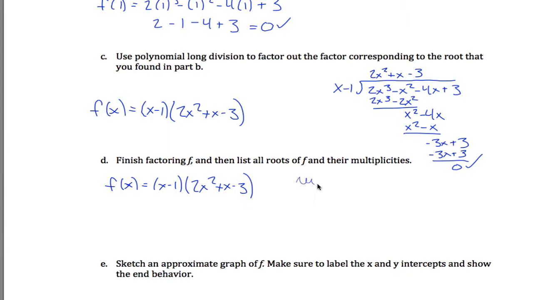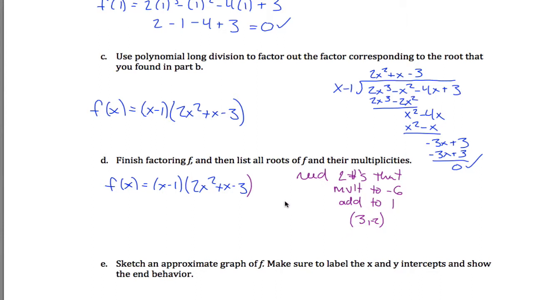We need two numbers that multiply to 2 times negative 3, which is negative 6, and add to our coefficient on x, just 1 in this case. Two numbers that will do that would be 3 and negative 2.